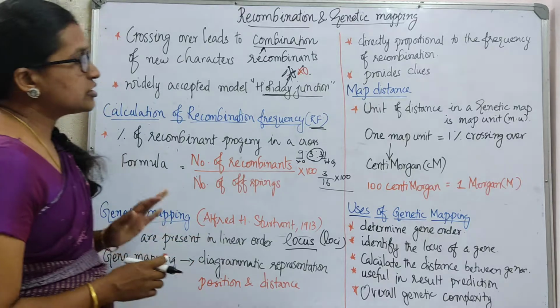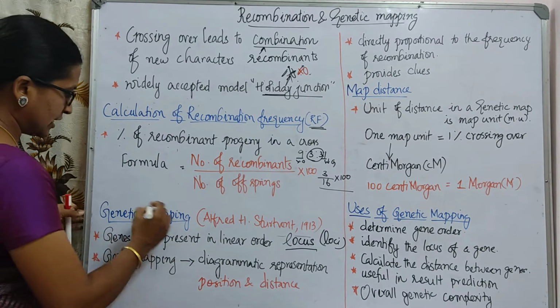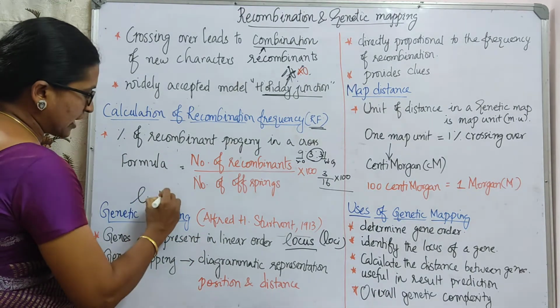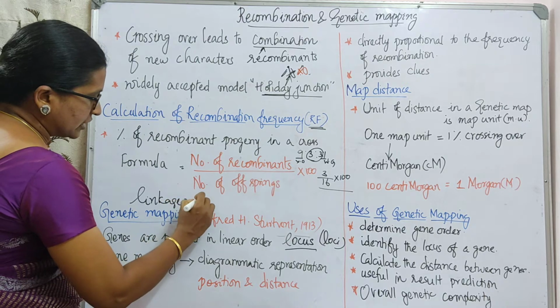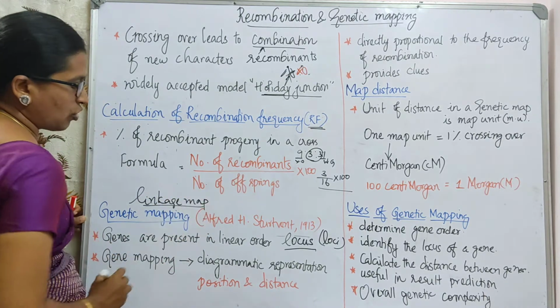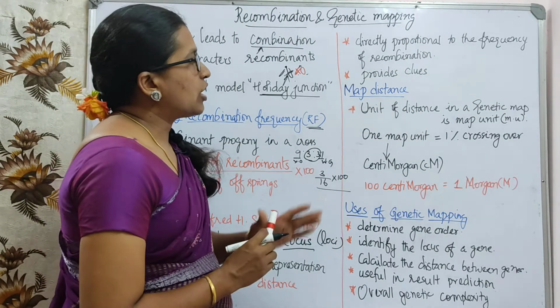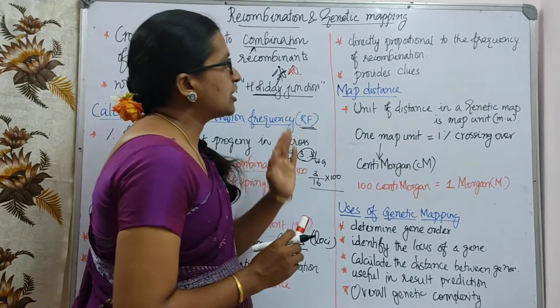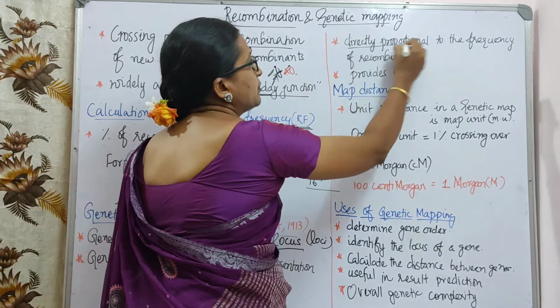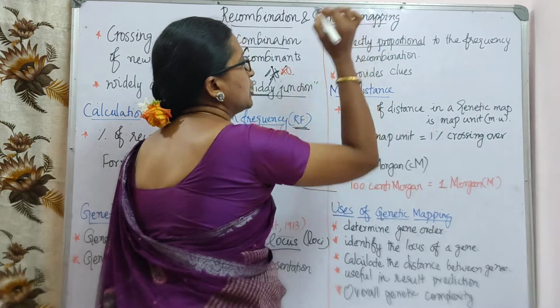This is also called a linkage map, because we are calculating the distance. Actually this genetic map is directly proportional. This word is very, very important.